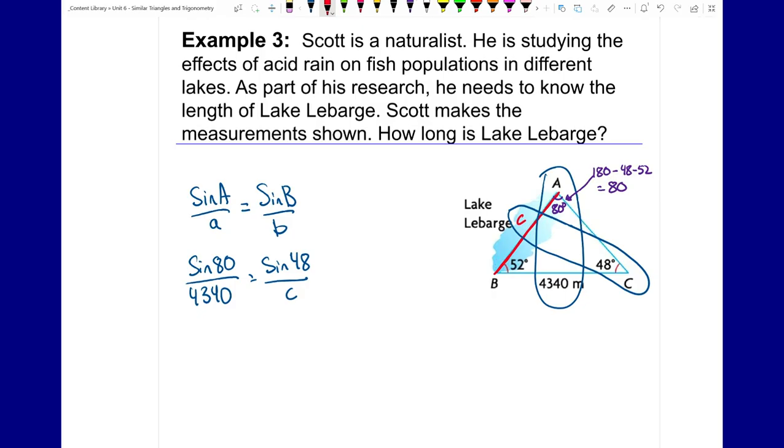I want to bring c up, so I'm going to cross multiply and have c sine 80 equals 4,340 sine 48. Get c by itself by bringing the sine 80 over.